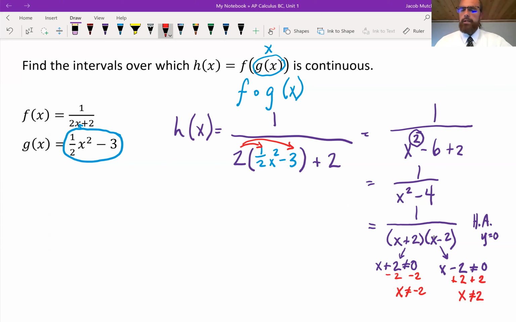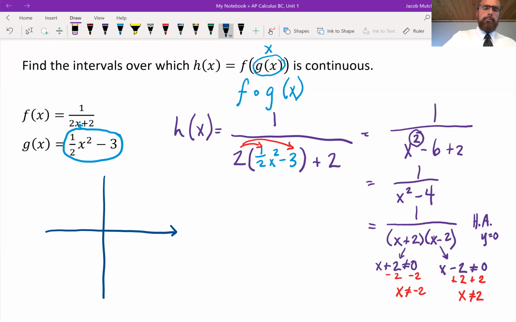So to help me see where this function is continuous, I'm going to sketch this graph. Over here on the left, I'm going to place a horizontal asymptote right on the x-axis. So I'm going to overlay a dashed red line on the x-axis. That's my y equals 0 horizontal asymptote. And then I've got two vertical ones.